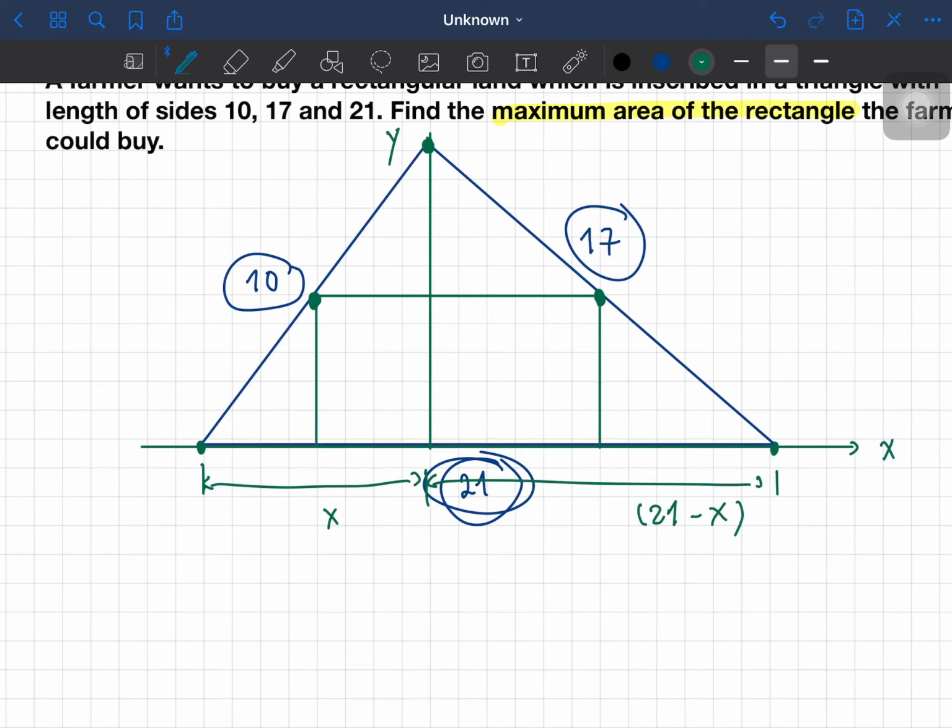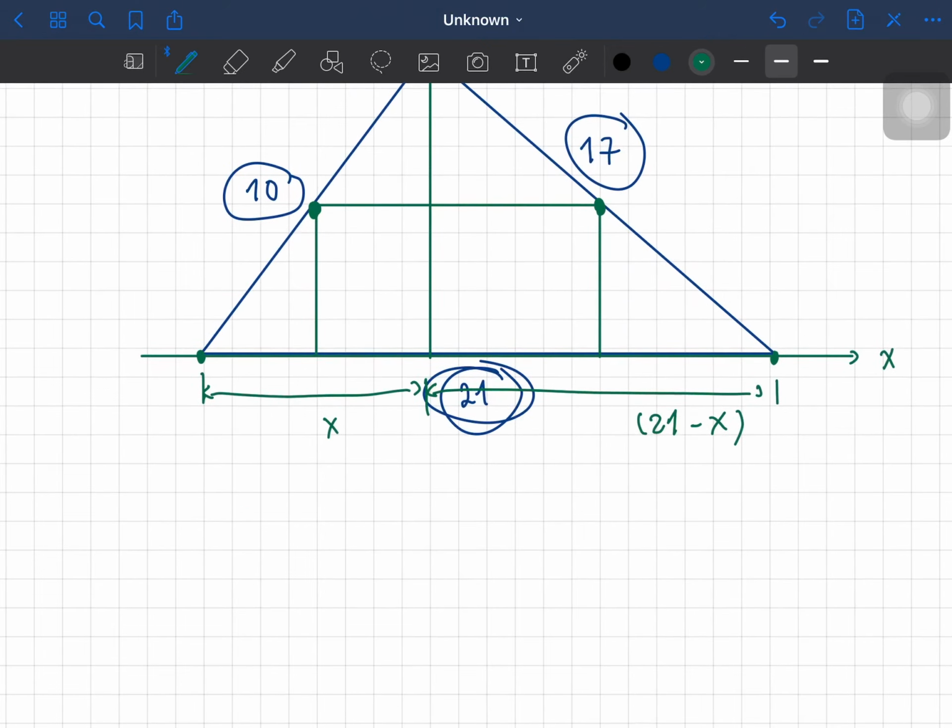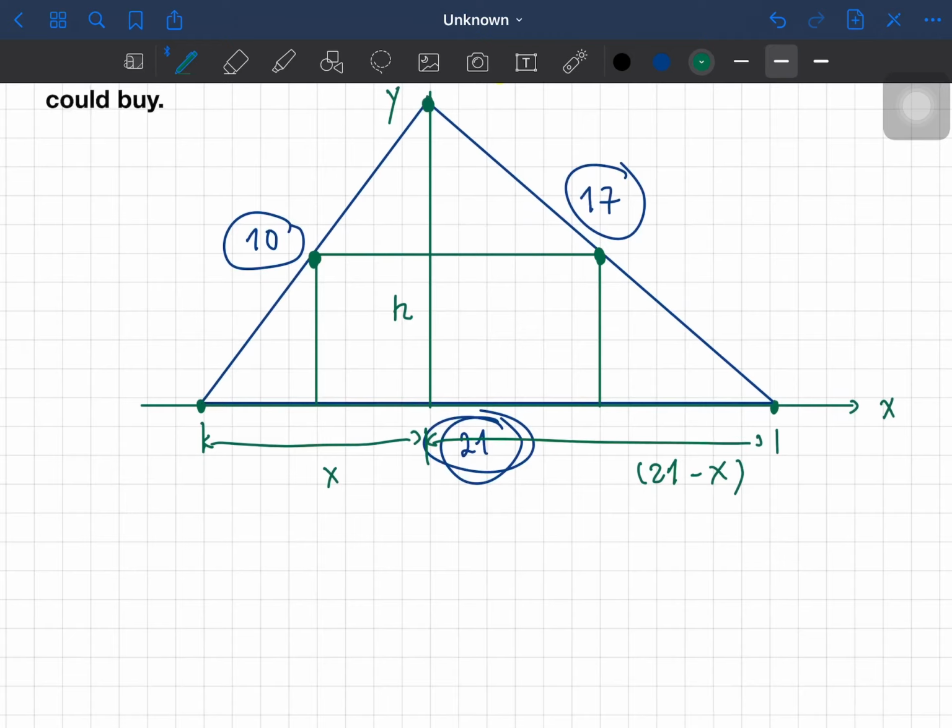So in terms of x, we can express h, the height or altitude of this triangle. For example, we can use this part of the triangle and obtain h equals the square root of 10 squared minus x squared. Or h equals the square root of 17 squared minus (21 minus x) squared.